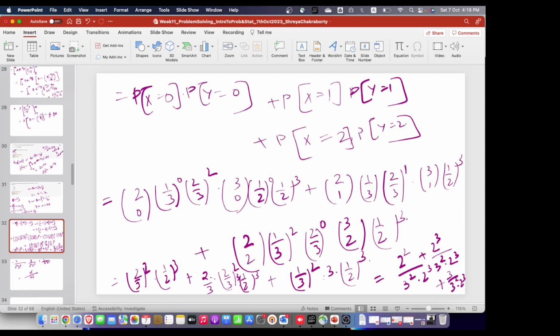So here we would have 2 by 3 to the power 1. So ultimately that would be 6 into 2 into 2, 4, 4 into 3, that is 12.